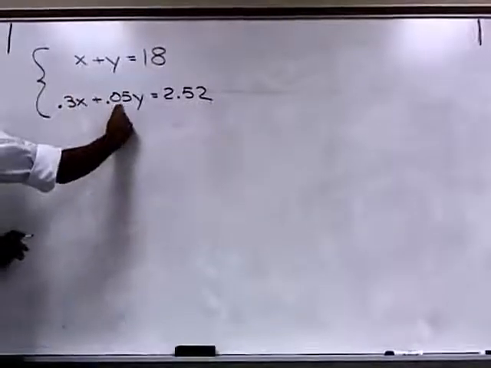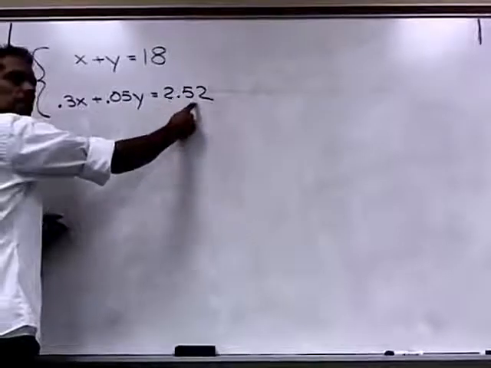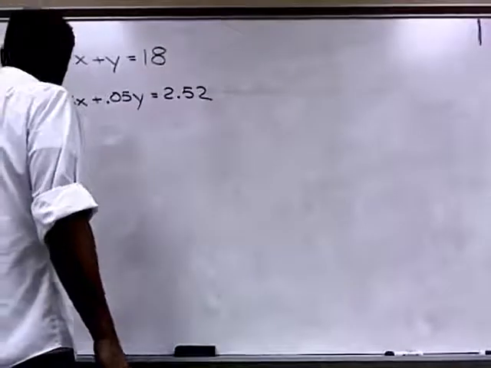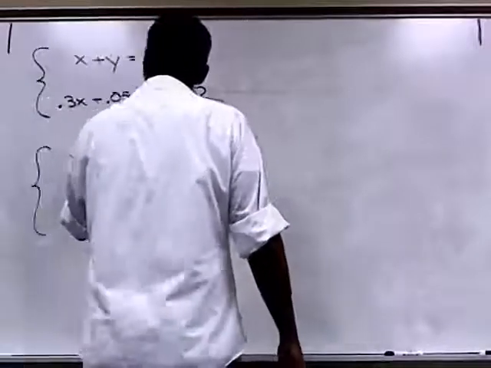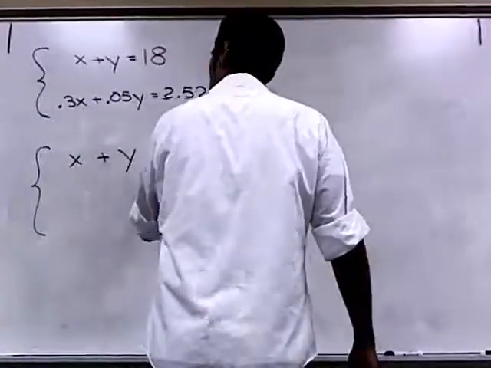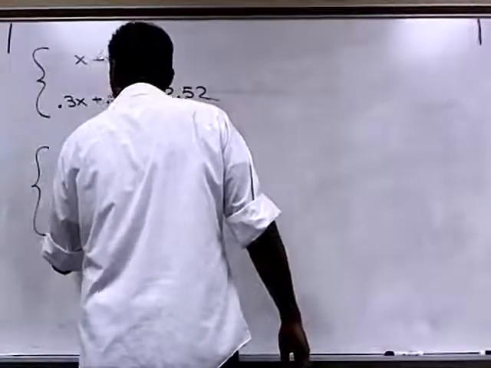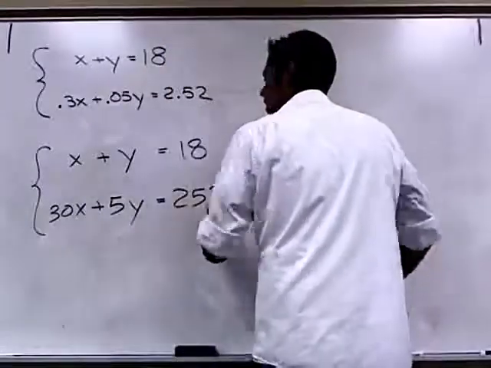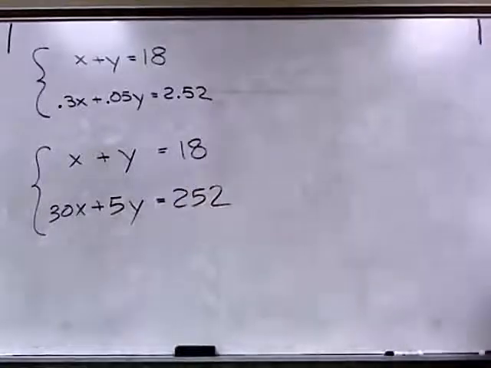This one becomes 5y, and this one becomes 252. So that's the first thing I'm going to do. I'm going to rewrite everything. This becomes 30x plus 5y equals 252. Now you don't have to worry about the decimals so much.